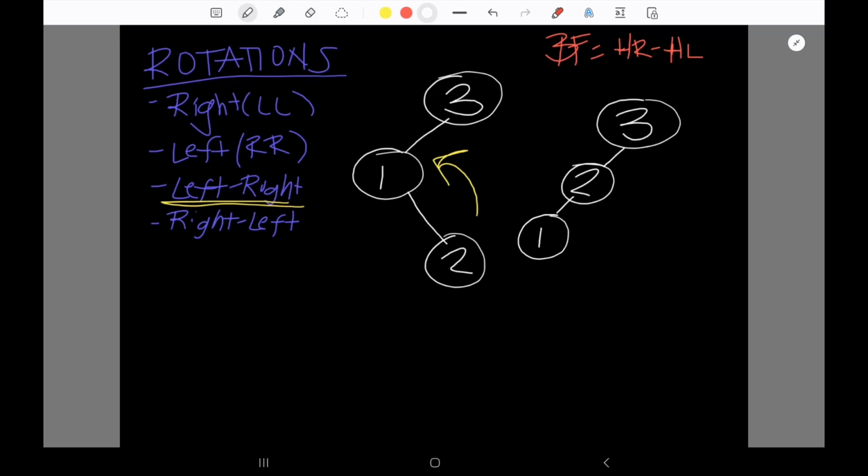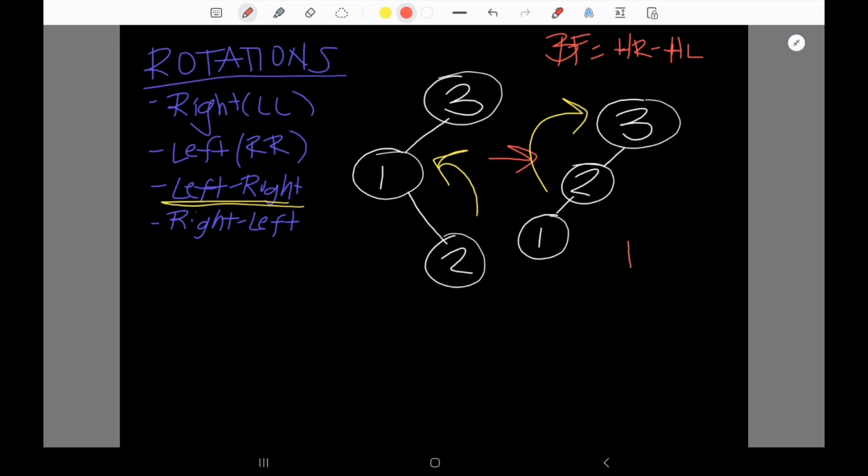What you can see, guys, is familiar, right? It looks like left left. That's left left, so we're gonna do a right rotation. We're gonna rotate it to the right side, but the new root is 2, which is this one. The new root is 2.